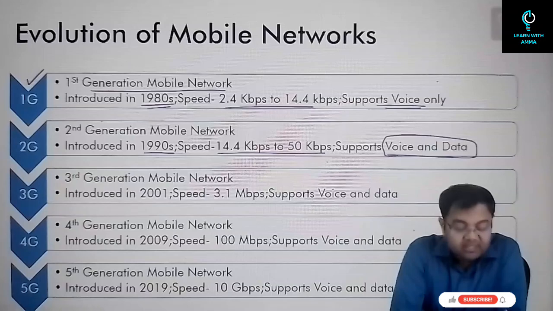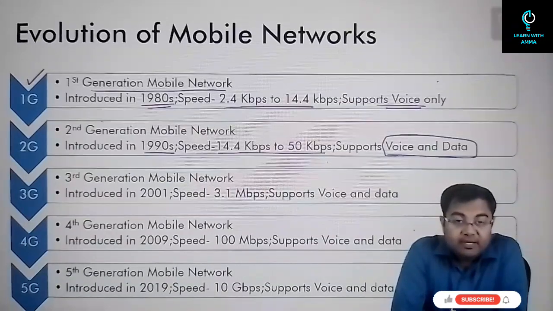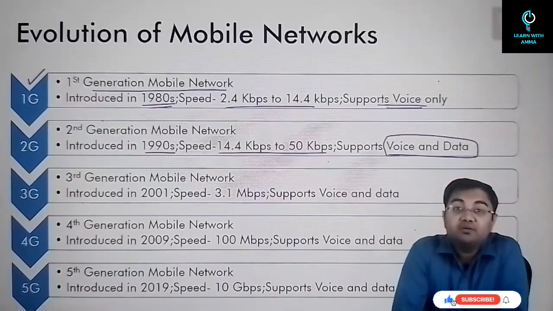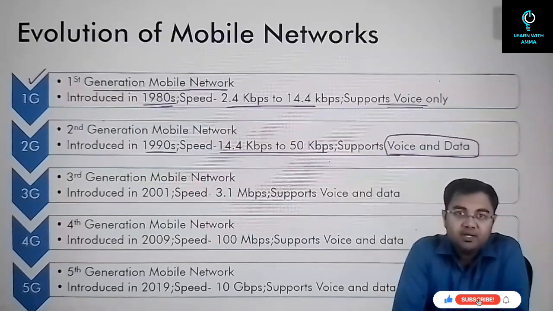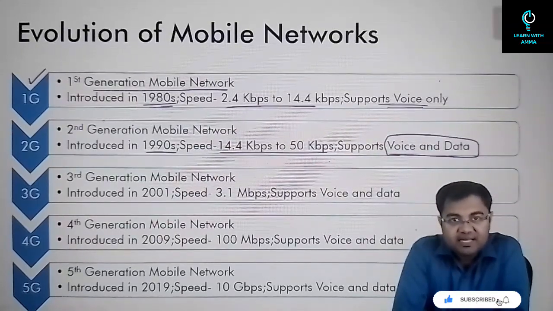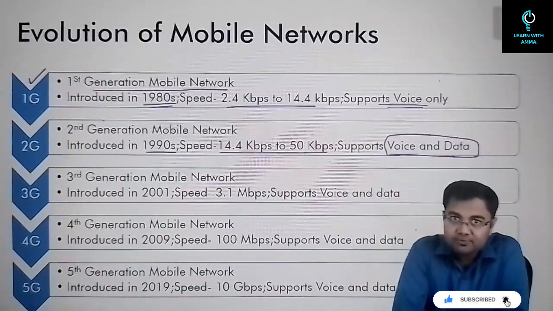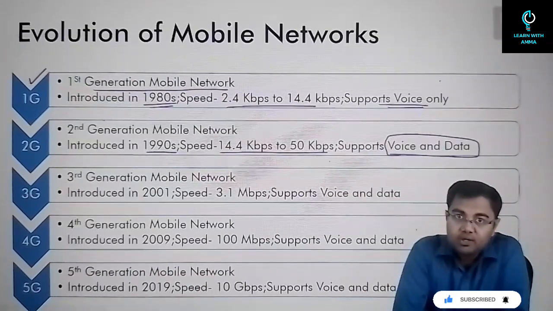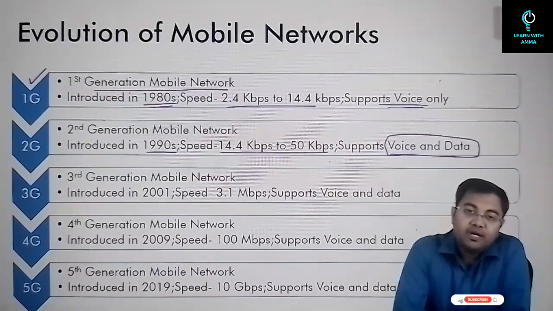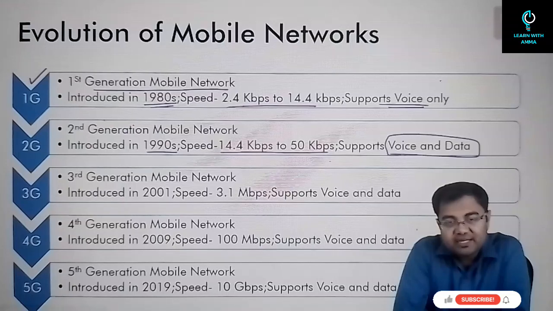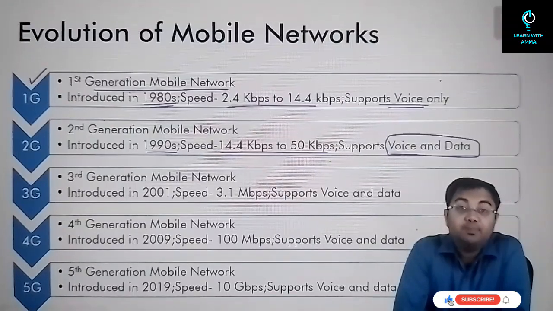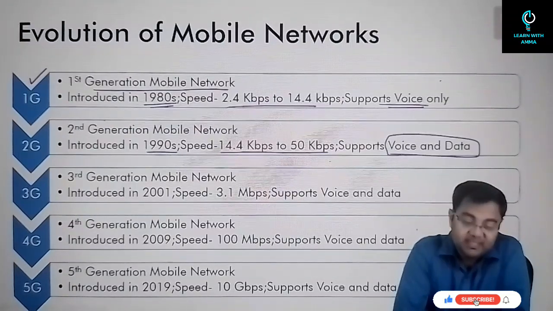Then you come to the third generation mobile network. In the third generation the speeds were improved significantly. The internet usage was much better and much faster compared to what we saw with 2G. Again it supports voice and data, just at a much better pace compared to second generation.